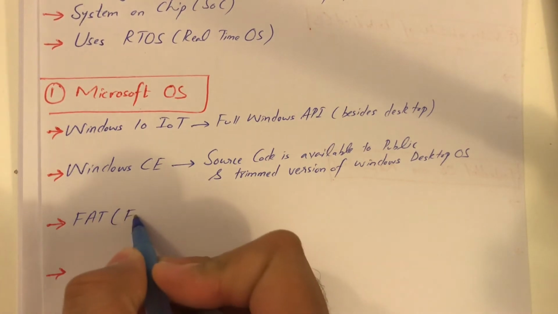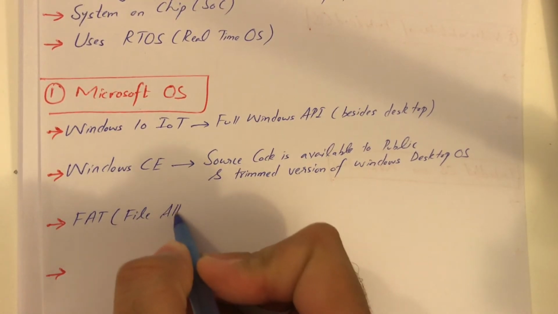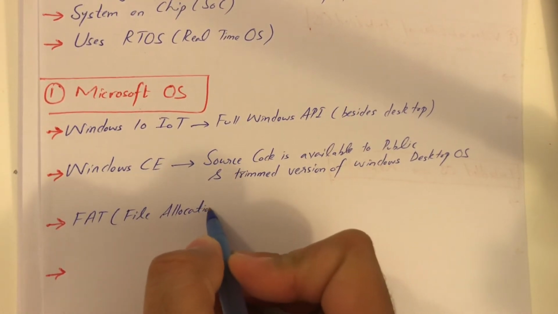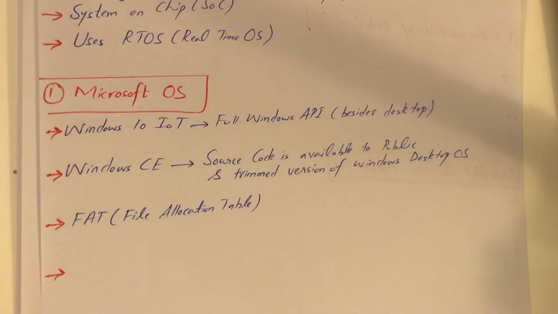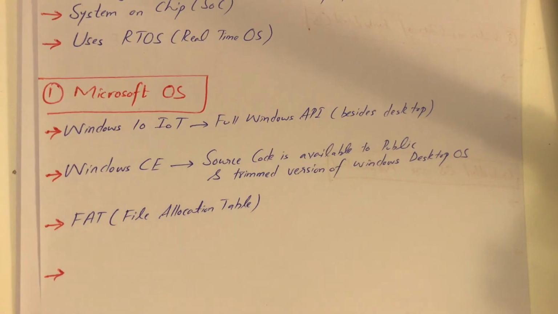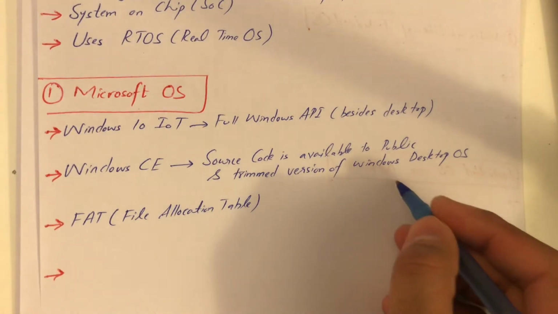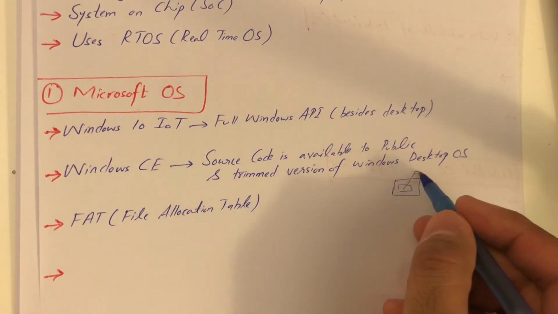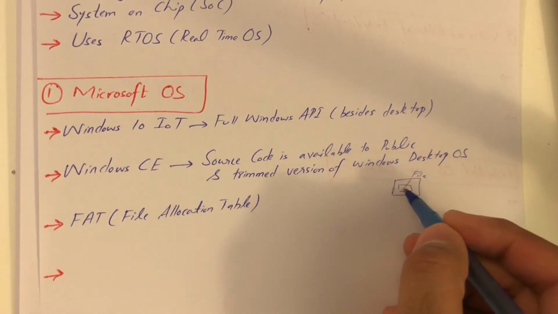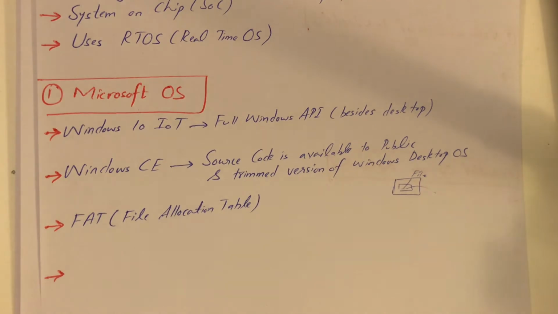FAT stands for File Allocation Table. This was a filing system to control access to the files, or the data, between users. For example, within a sensor, if you have an operating system, you must have a filing system as well to control the data, like who can access this file and who cannot.